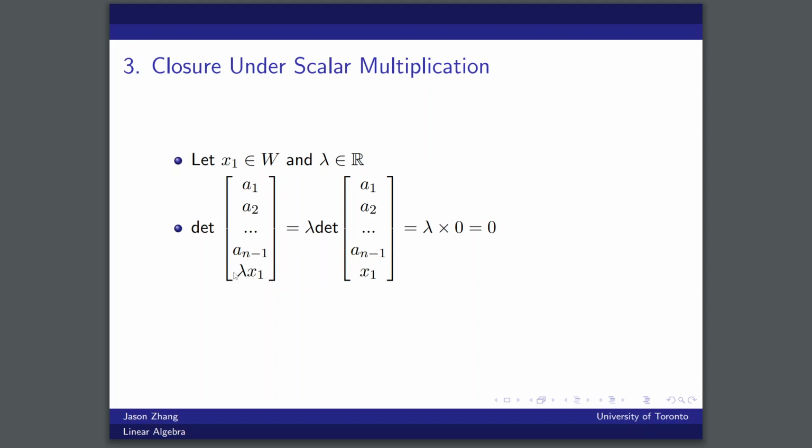We can bring out this scalar multiple in front of the determinant for a single row. We leave the first n-1 rows the same. And since we know that x1 belongs to W, the determinant of this matrix will simply be 0. So lambda times 0 will also be 0.